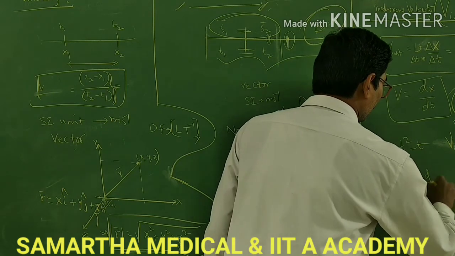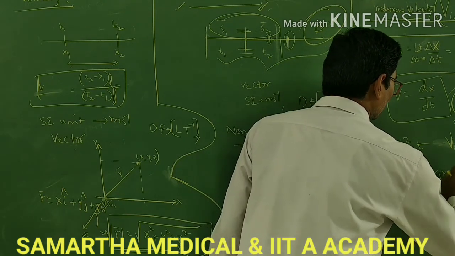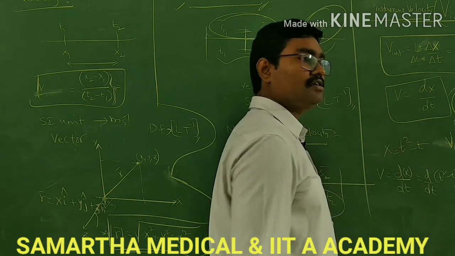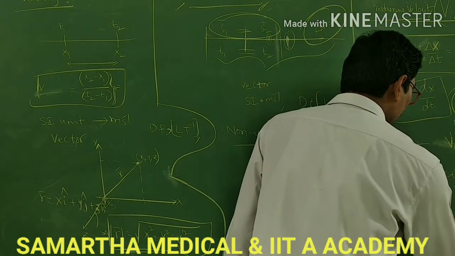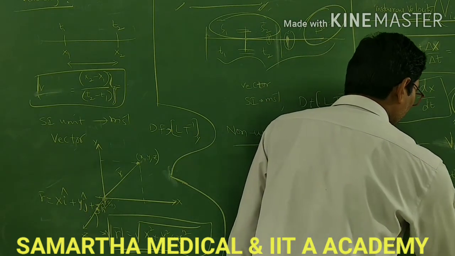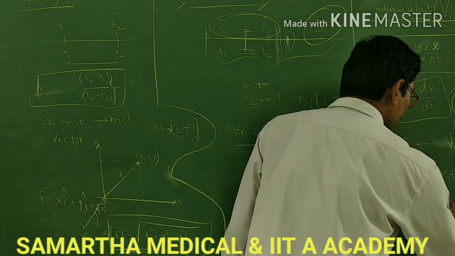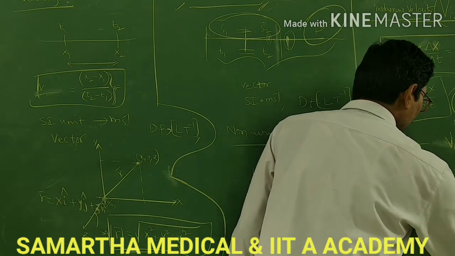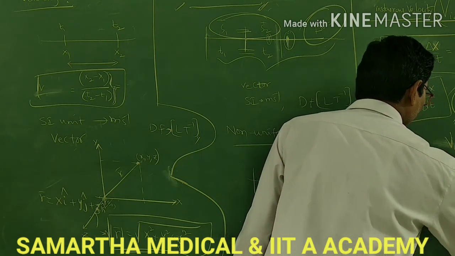So d by dt of t square minus t. If you differentiate it individually, d by dt of t square minus d by dt of t.